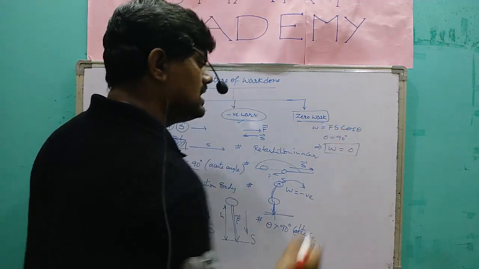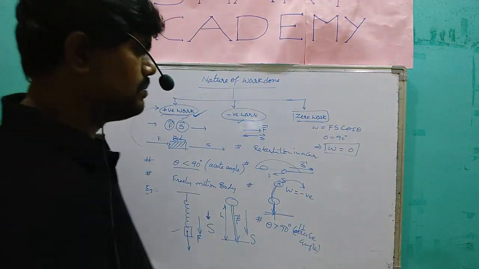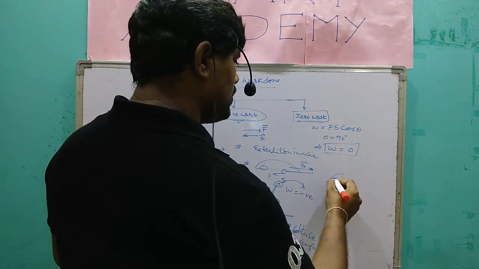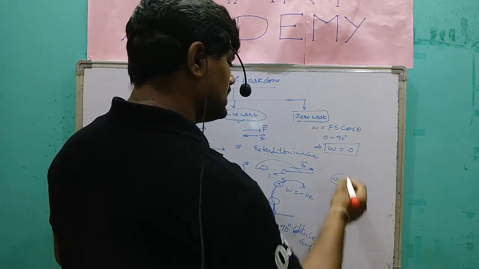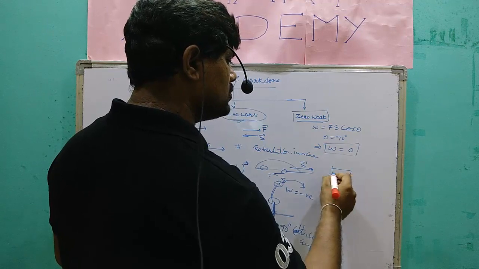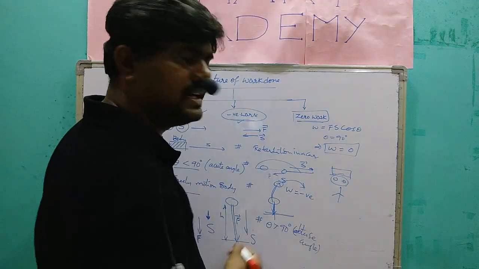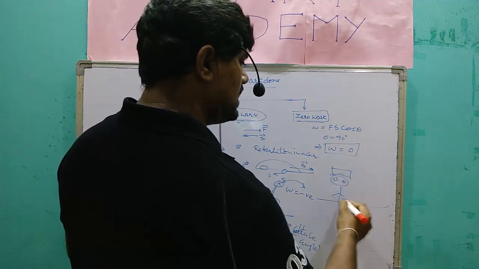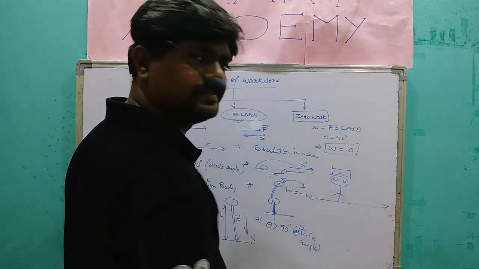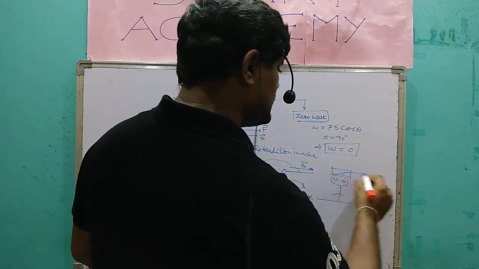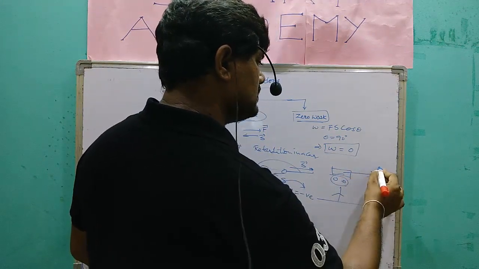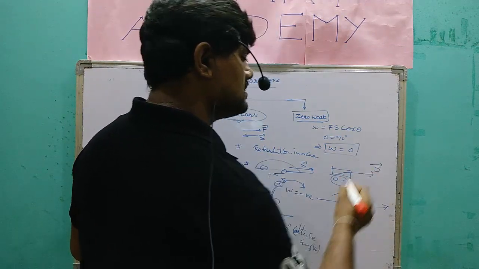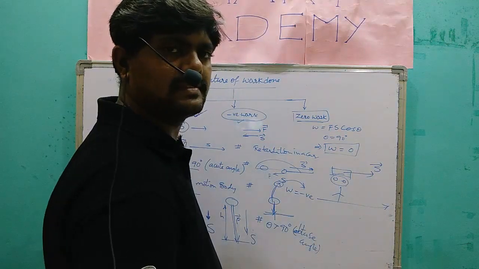Okay. Theta of 90 degrees means, suppose a porter is carrying a suitcase or luggage on his head, and let me consider he is moving in the forward x-axis direction. Then the displacement of this luggage is in the x direction, that is s.